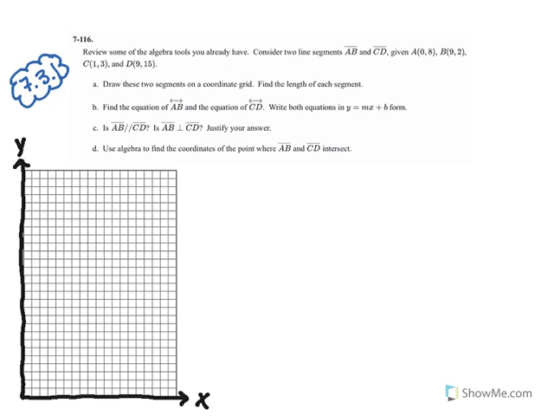So let's go ahead and draw those first. So we're going to do (0, 8). So here's (0, 8). Make sure you label your points on here. So this would be A. We have (9, 2). Make sure you label it as B. And we're going to connect these line segments.